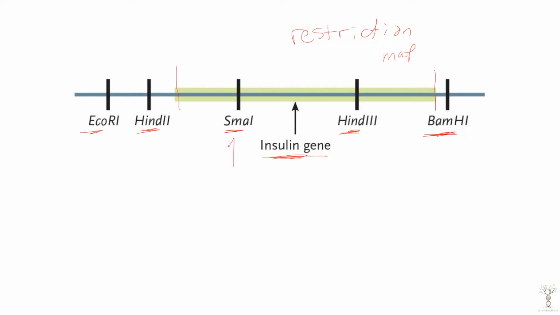If we used SmaI and BamHI, what would happen to our insulin gene? We would chop it up, right? We want to use restriction enzymes that are outside of our insulin gene. So we would use HindII and BamHI in this example because these restriction enzymes are not going to cut up our gene.